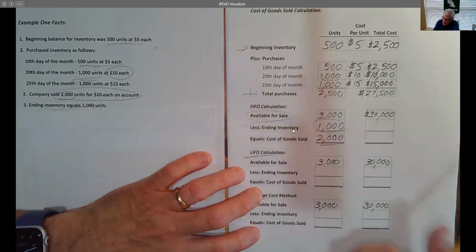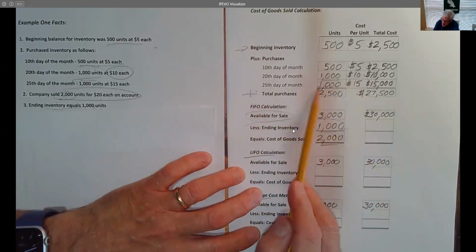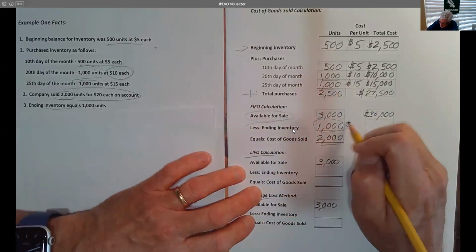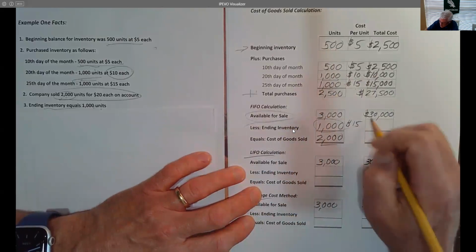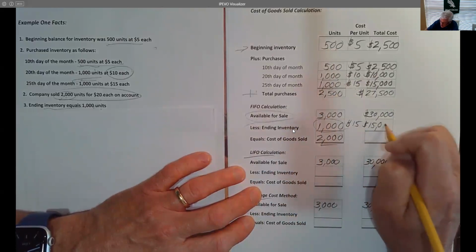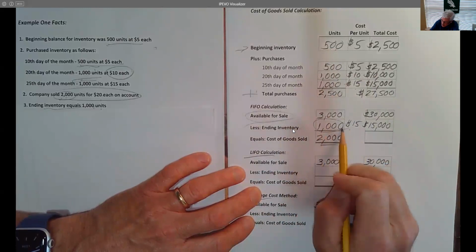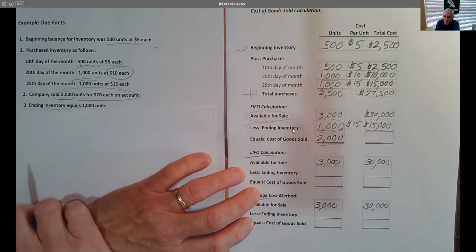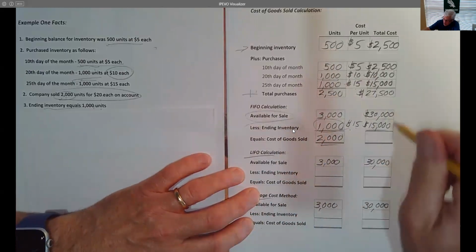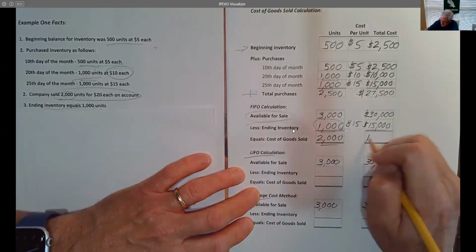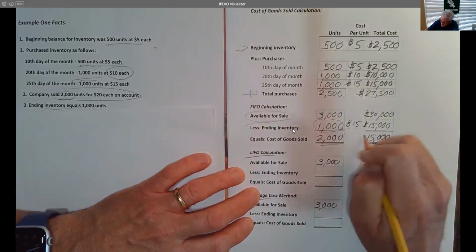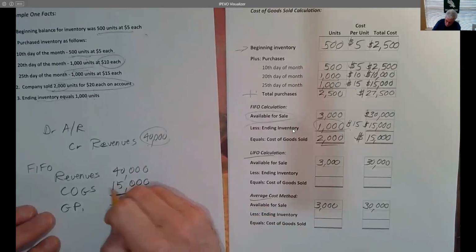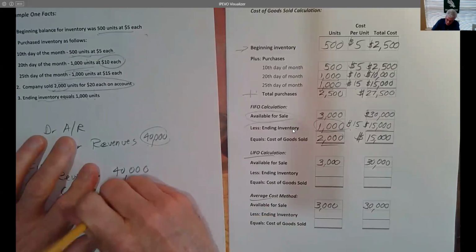So those 500 are gone, those 500 are gone. These 1,000 under first in, first out are still there at 15. So under FIFO, we calculate the cost per unit at 15. So 1,000 times 15, 15,000. Cost of goods sold under FIFO, $30,000 minus $15,000, $15,000 cost of goods sold. And I came over here, I did this earlier.